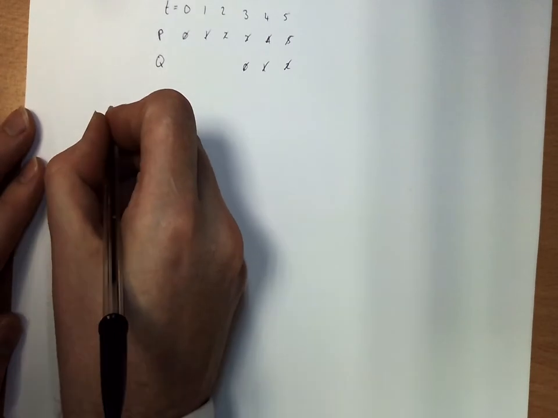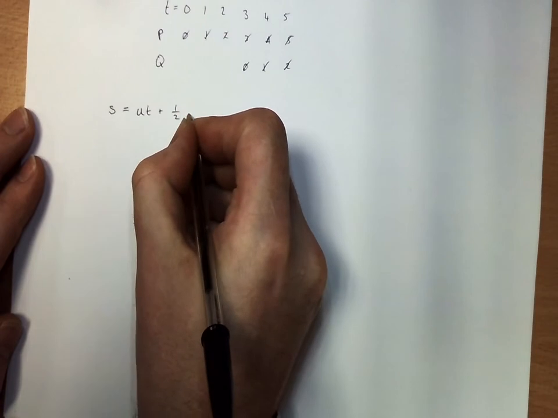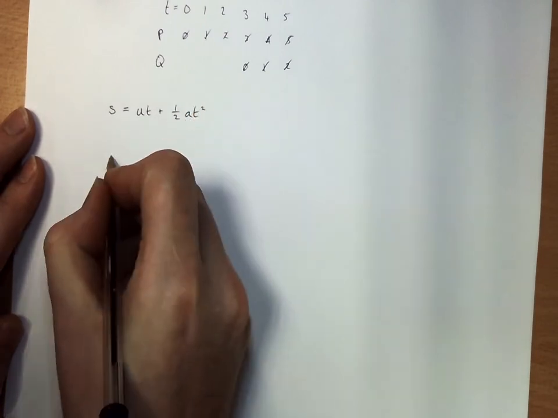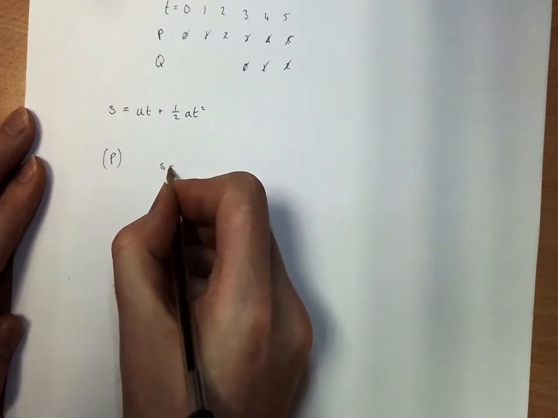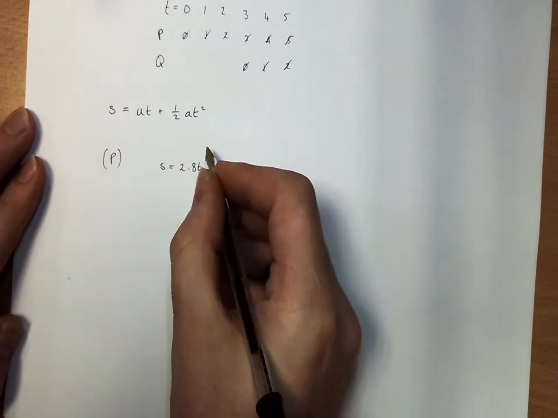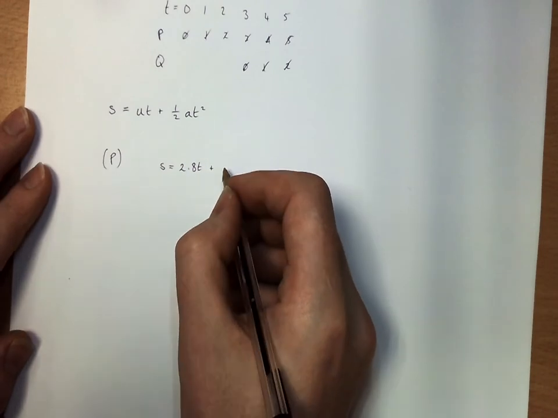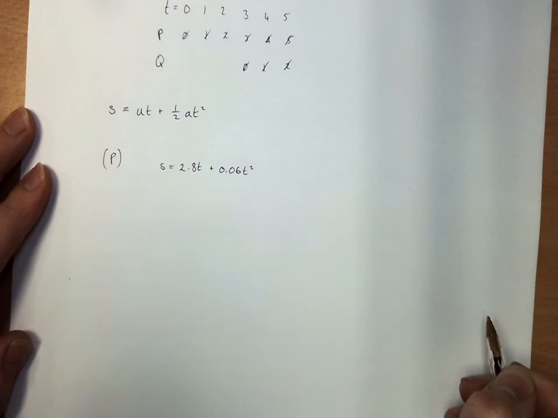So displacement, S equals ut plus a half at squared. So I'm going to do it for P. So for P, I'm getting S equals 2.8t plus a half of 0.12, so 0.06 t squared.